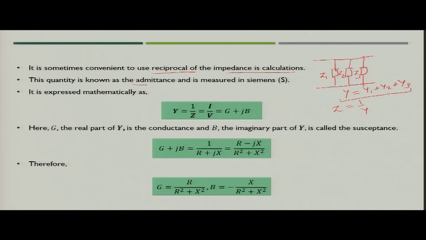Now, admittance is nothing but reciprocal of impedance, and it is measured in Siemens, or you can say it is also measured in mho.